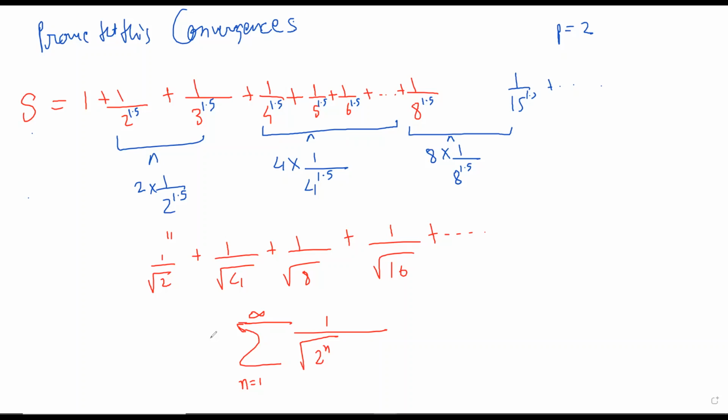Any hint? This is a very well-known series; you can in fact sum it up. Okay, sorry, it's a GP with common ratio 1 by root 2. Exactly, so it will converge.